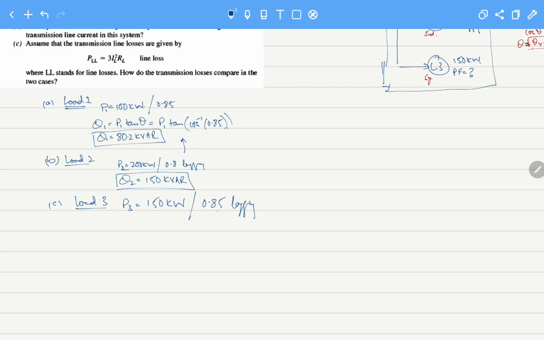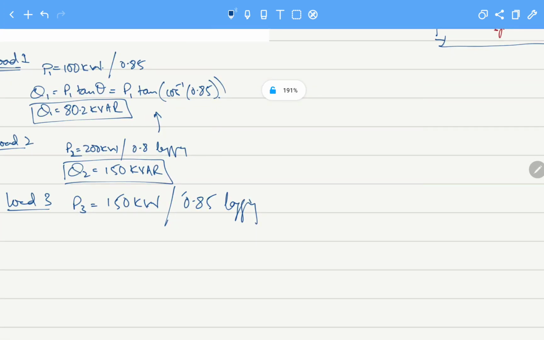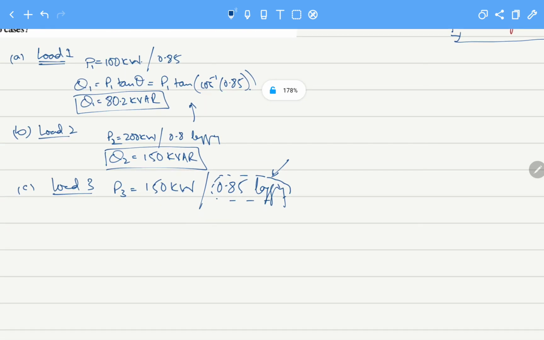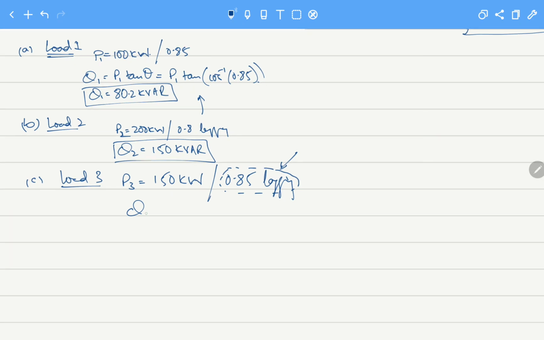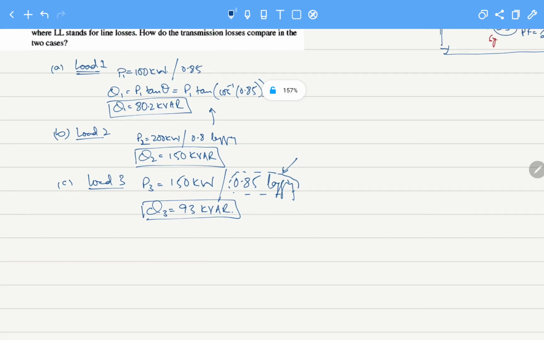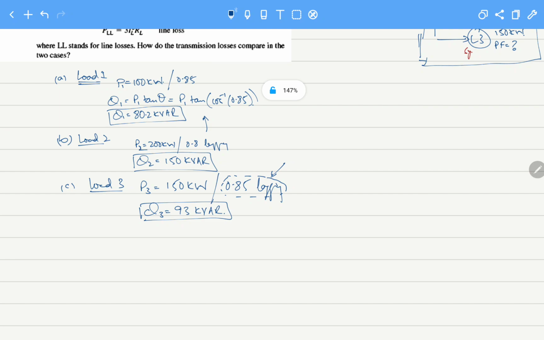I would like to highlight the fact that the synchronous motor has the magical power that we can change this from lagging to leading. Power factor can be changed by field current control. In the similar manner that we calculated above, we will have 93 kVAR for load 3.